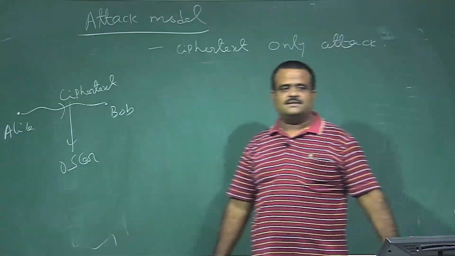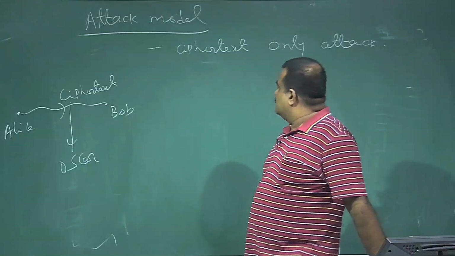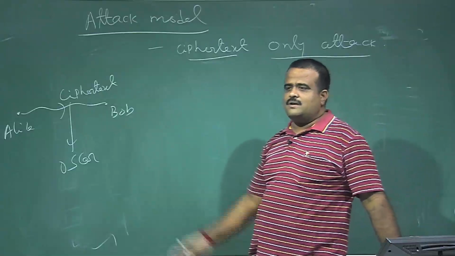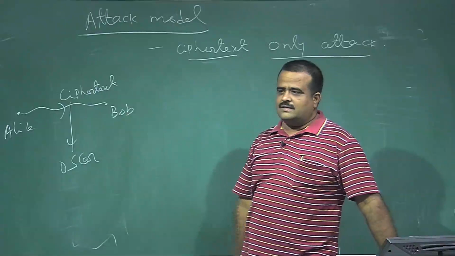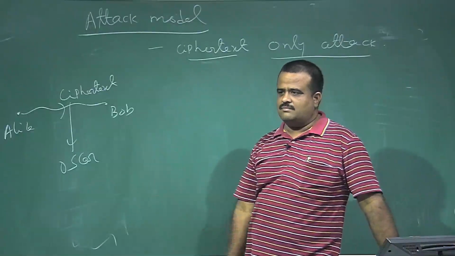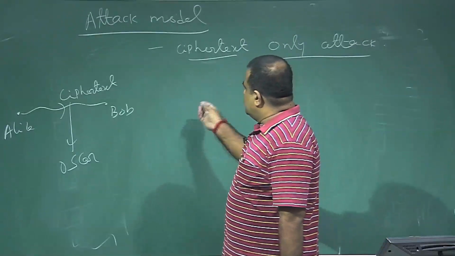So, Oscar is hearing all the ciphertexts. That is called ciphertext only attack. Oscar has only access to this channel, and so Oscar gets the ciphertexts between Alice and Bob, or all the old ciphertexts between Alice and Bob.